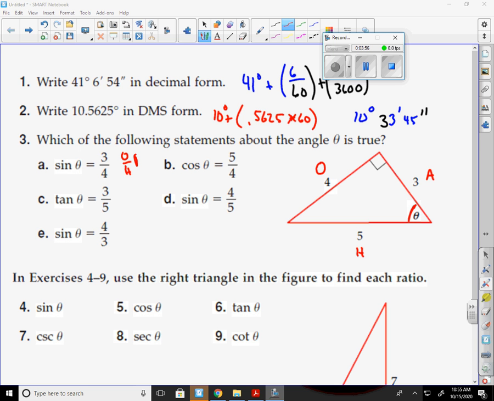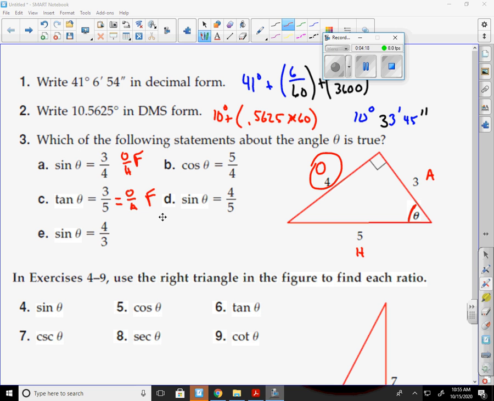So that's false, because opposite over hypotenuse would be 4 over 5. Tangent would be 3 over 5. That would be, remember, tangent, TOA, opposite over adjacent. The opposite side is 4, so that is also false.